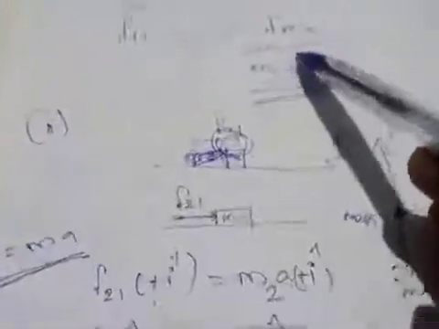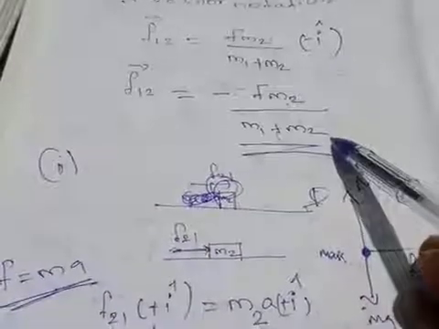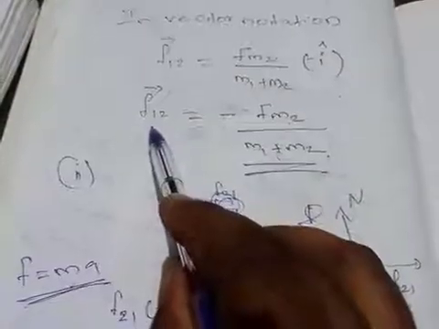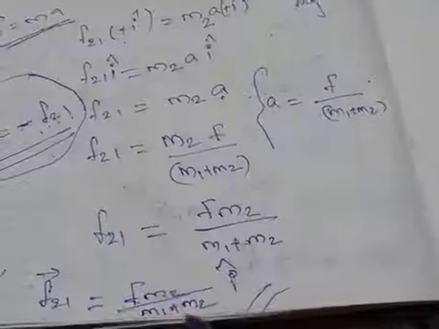If you compare these two equations, first we got minus F m2 by m1 plus m2, and for F12 we got the same, F m2 by m1 plus m2, but here with a minus. So that is what we are proving here through Newton's third law as well.